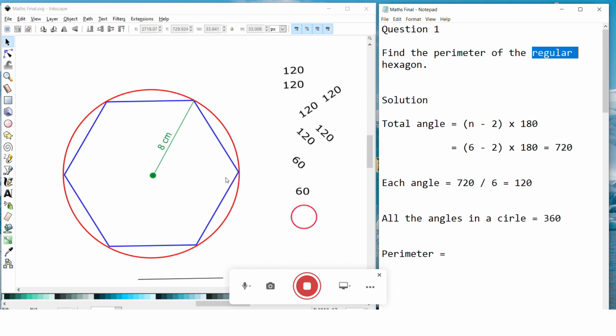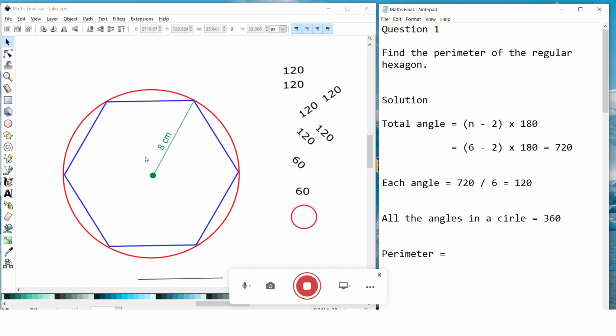For example, what do you call a regular triangle? A regular triangle means all the sides have the same length, but we call it an equilateral triangle. In an equilateral triangle, all the sides are the same, but also all the angles are the same. We know each angle from primary school is 60 degrees. So there's a brief review there.